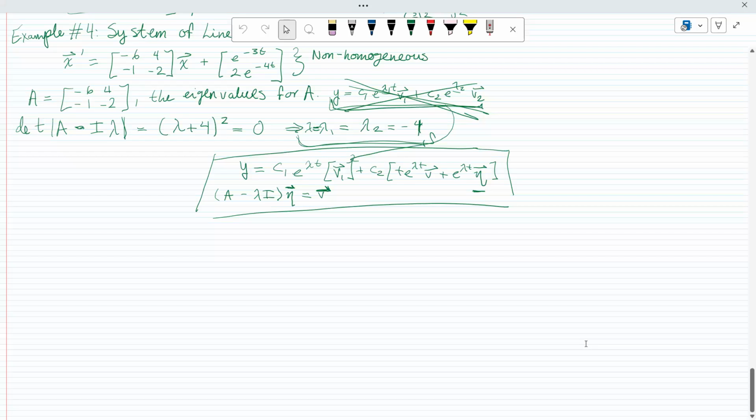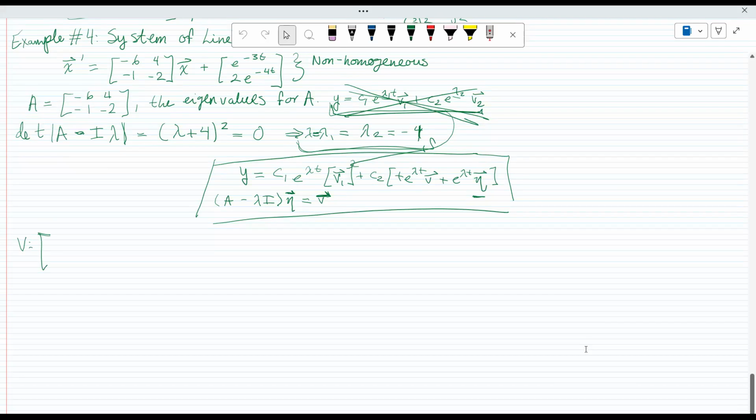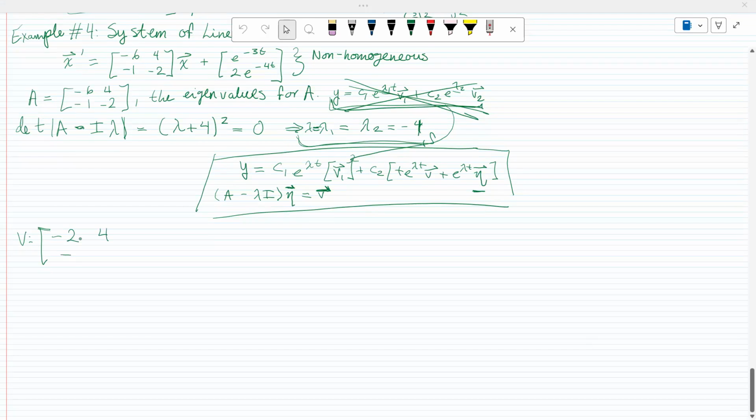Share screen. All right. I'm just going to very quickly write down what I had before. So for the eigenvector, we have -2, 4, -1, 2, which reduces to 1, -2, 0, 0.